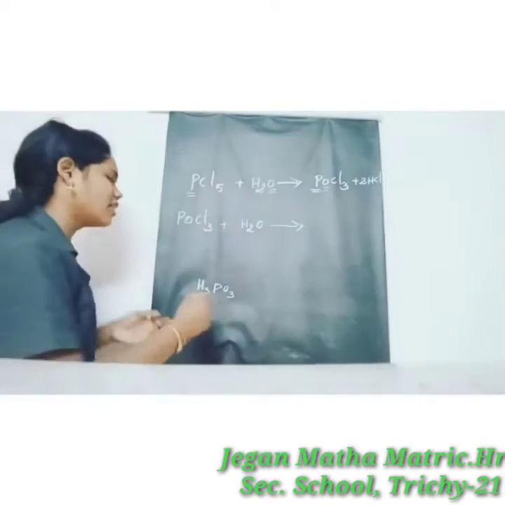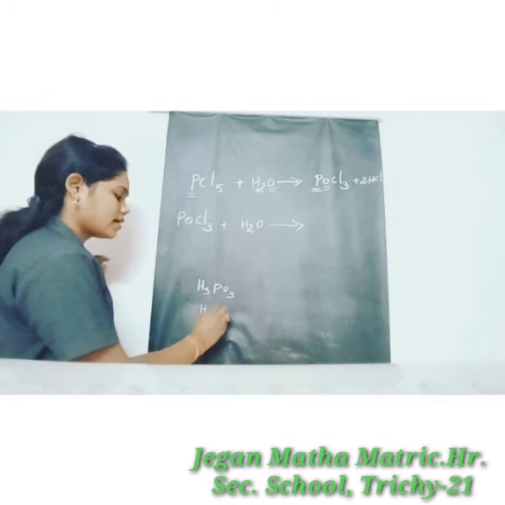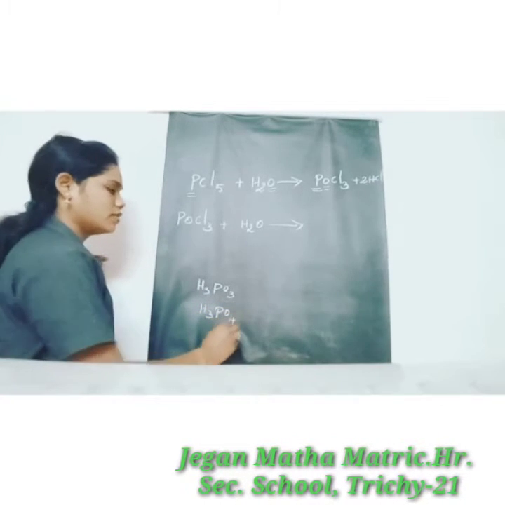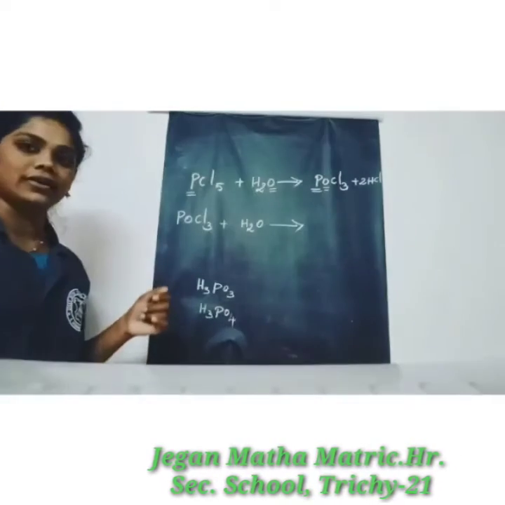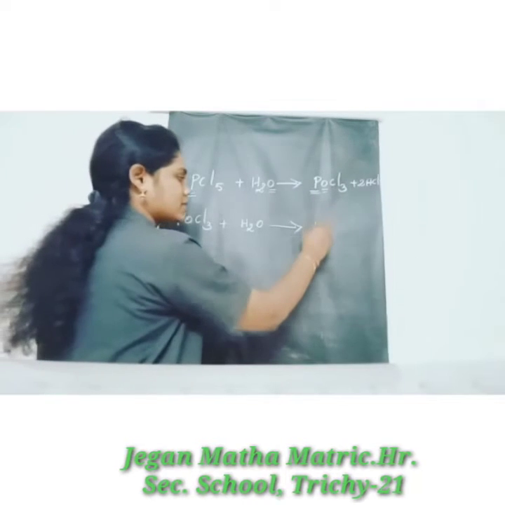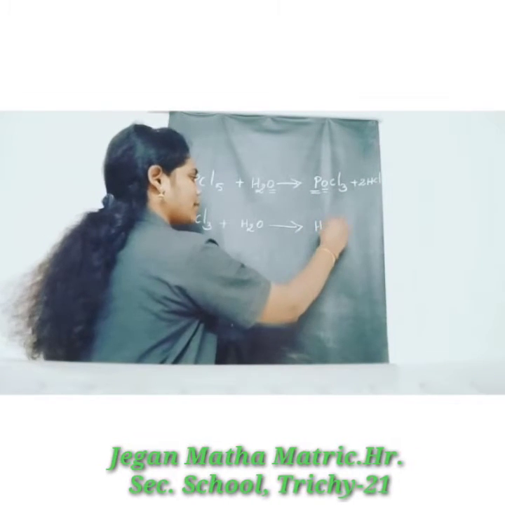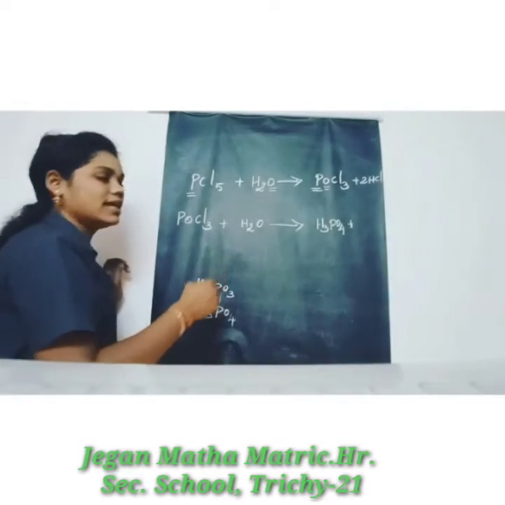Orthophosphoric acid formula is H3PO4. So phosphoryl chloride is treated with water molecules. It gives orthophosphoric acid, H3PO4, plus what is remaining here?